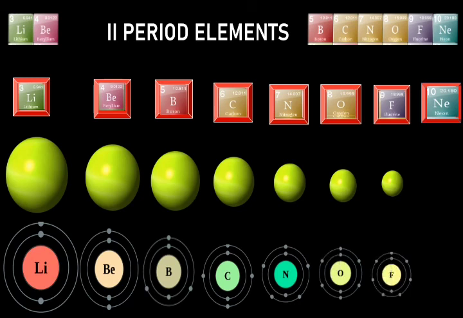Atomic size decreases because the valence electrons are added to the same shell. At the same time, protons are added to the nucleus. This successive increase of nuclear charge increases the attractive force on the valence electrons.